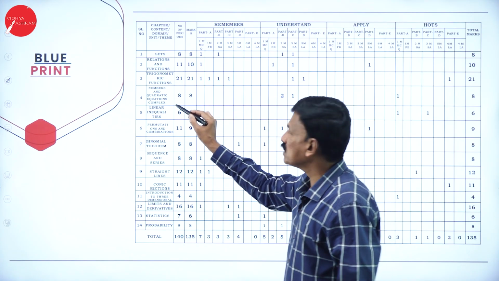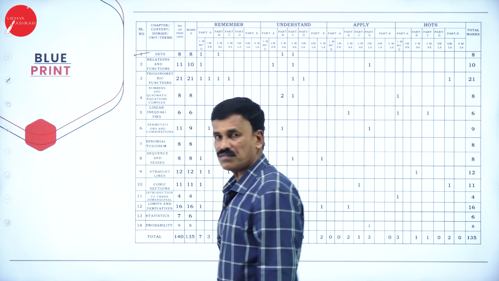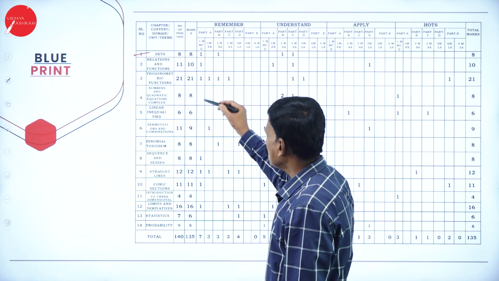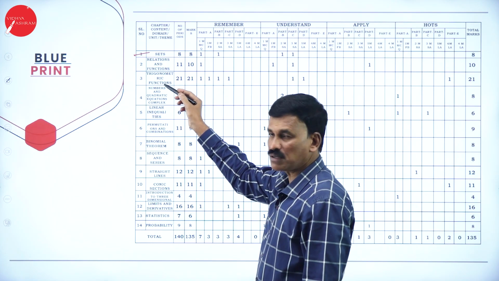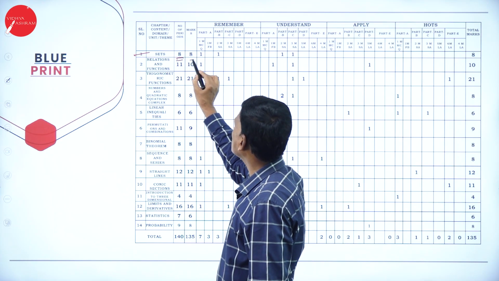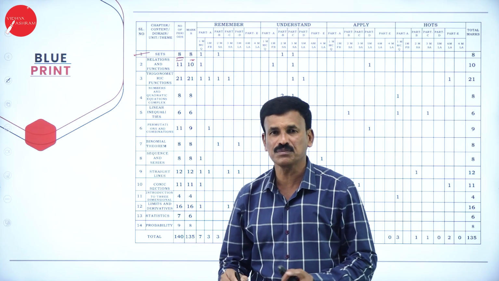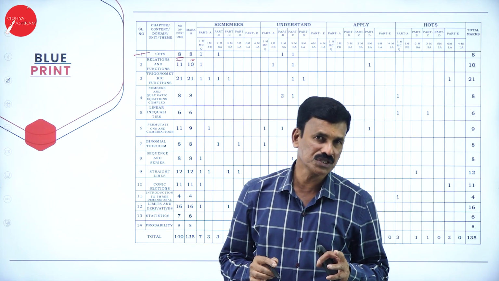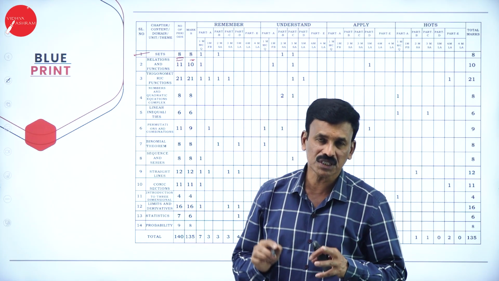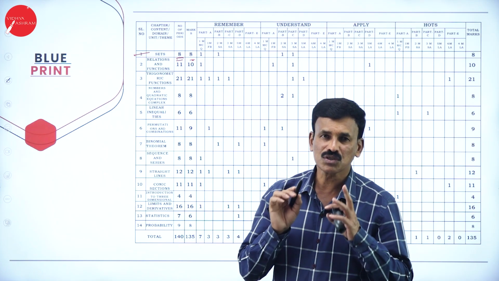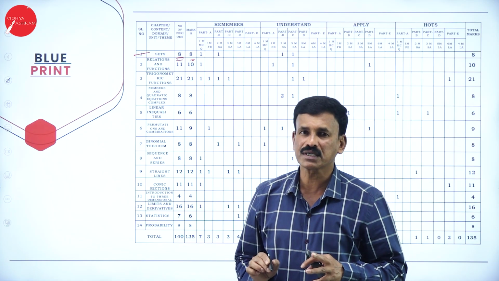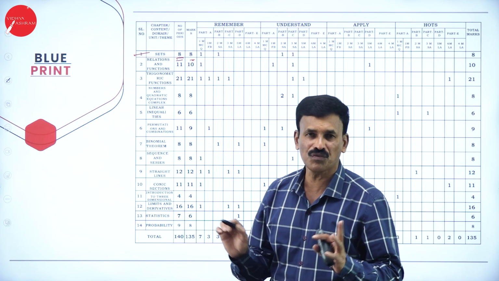Now, the first chapter is sets. For sets, the total number of teaching hours is 8 and the total marks is 8. So, the weightage for the first chapter is 8. In this chapter, you will have one MCQ question, two 2 marker questions and one 3 marker question, no 5 marks question.